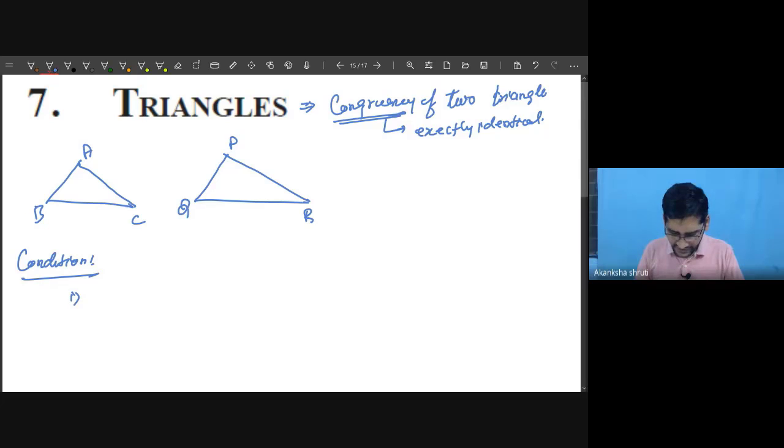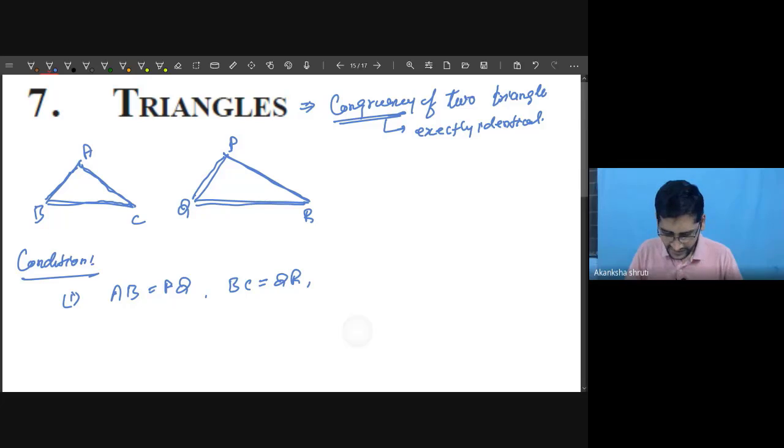The first one is that all the side lengths are equal: AB equals PQ, BC equals QR, and AC equals PR.